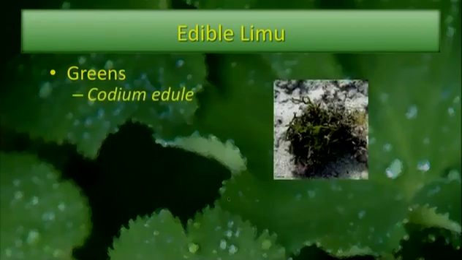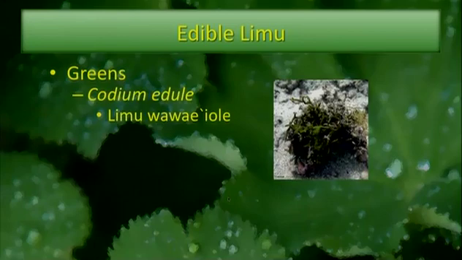And another green was Codium edule. It was called limu babaiole, a rat's foot limu. This is also something that you can usually have at a luau. People like this limu. And it's interesting because this is a siphonous green alga.